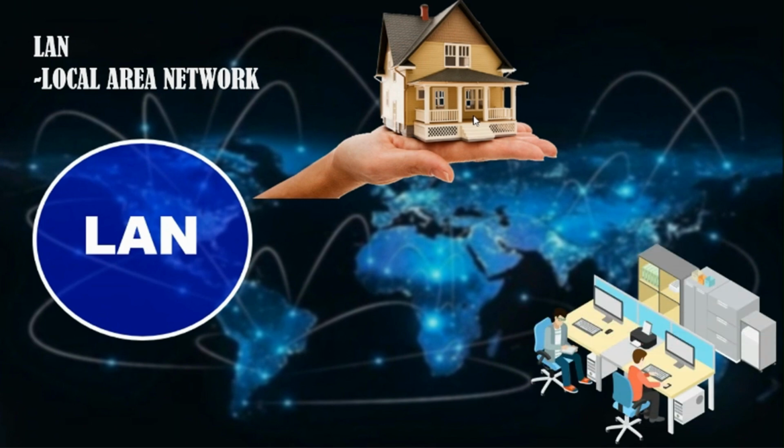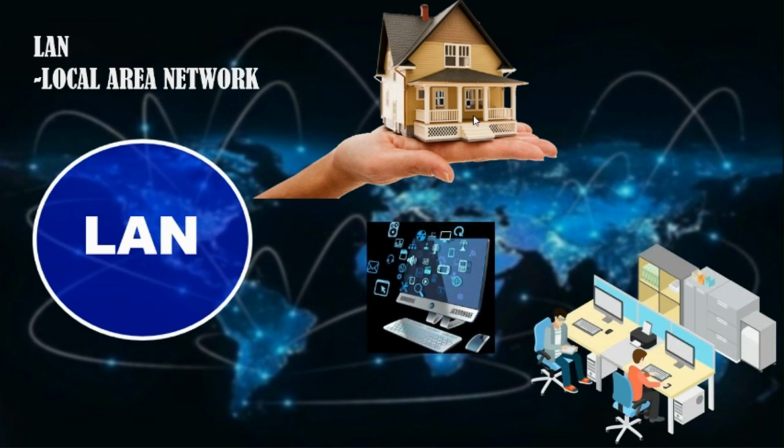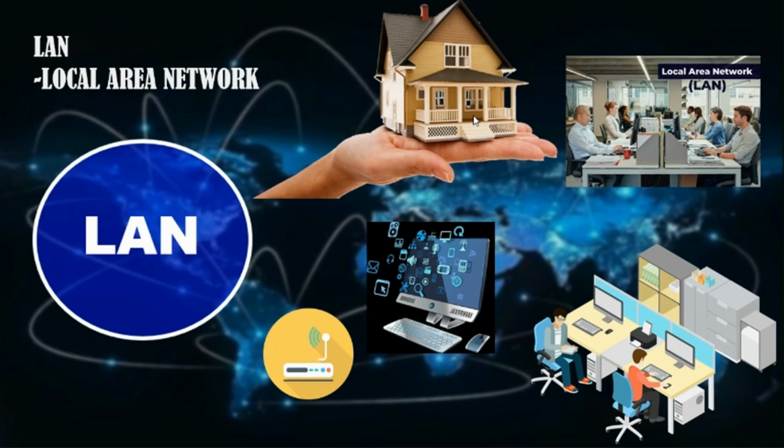This allows communication and sharing of documents between different digital devices within a small space, such as a home or office. In addition, these networks stand out for being inexpensive and having high speed.